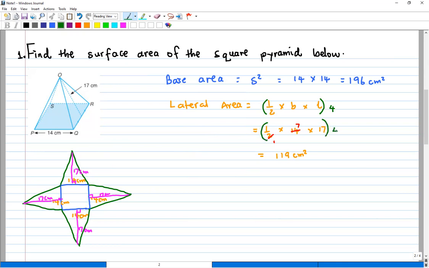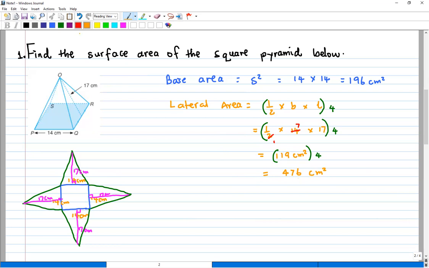Because these are 4 triangles. So we get 119 times 4, which is 476 centimeters squared. So this will be our lateral area.